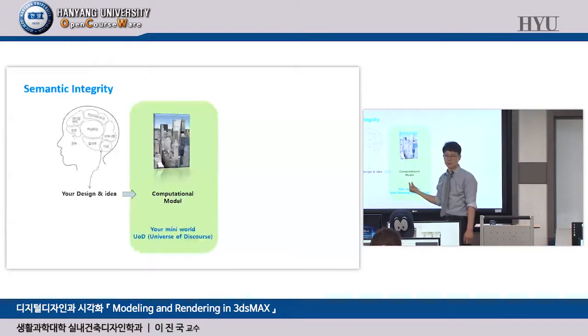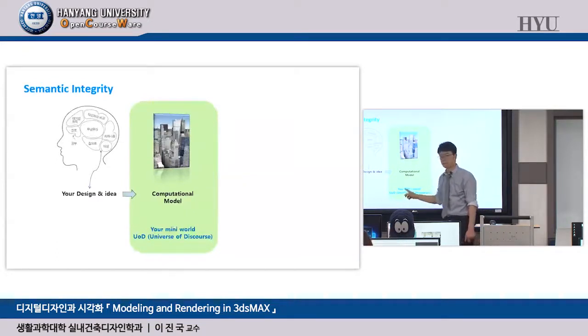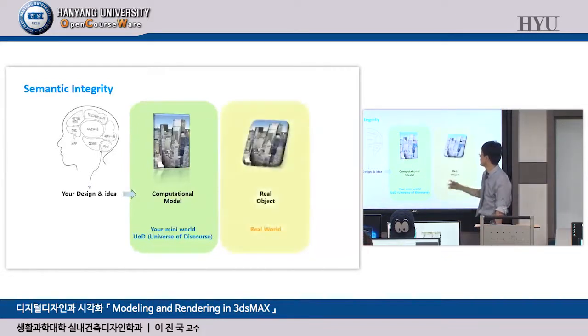Is there Star Wars characters? Is there some other buildings? Is there some, how can I say, some monsters in your universe of discourse? Of course not, okay? Your well-defined universe first, and the objects of your interest are supposed to be the same as real-world objects, okay?